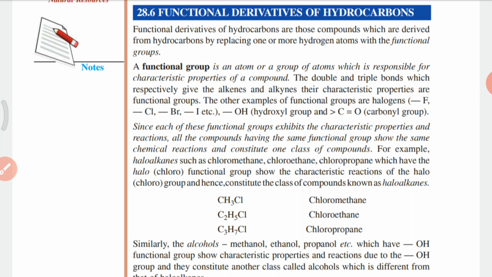For example, chloromethane, chloroethane, chloropropane, which have the halo, that means chloro, functional group, are known as haloalkanes. CH3Cl, chloromethane, C2H5Cl, chloroethane, C3H7Cl, chloropropane, etc.